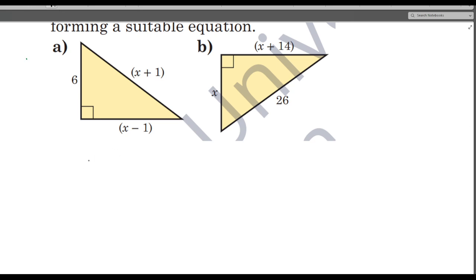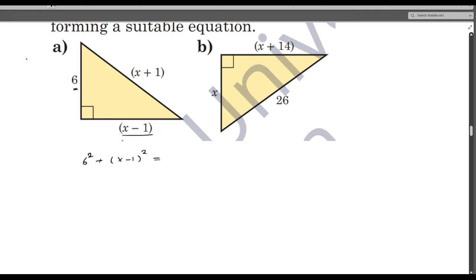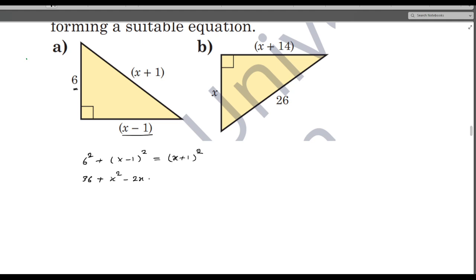I will say that 6 square plus x minus 1 the whole square, your sum of squares of two sides which make a right angle, will be equal to the square of your hypotenuse. This is your Pythagoras theorem. So here 6 square is 36, x minus 1 the whole square is x square minus 2x plus 1, is equal to x plus 1 the whole square, which is x square plus 2x plus 1.